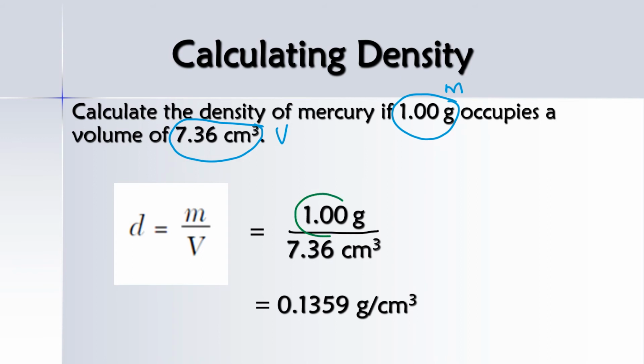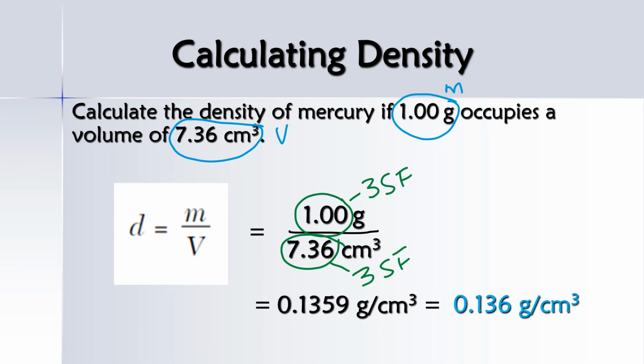The number at the top has 3 sig figs, because a decimal is present, so we start from the Pacific side. 1 is the first sig fig, and then 0 and 0 are also sig figs. Same thing with 7.36: we've got 3 sig figs. So that's how many sig figs we want in our answer, which means we'll keep the 1, 3, and 5, and get rid of the 9. Since 9 is larger than 5, we round the previous 5 up, and that gives us 0.136 grams per centimeter cubed.